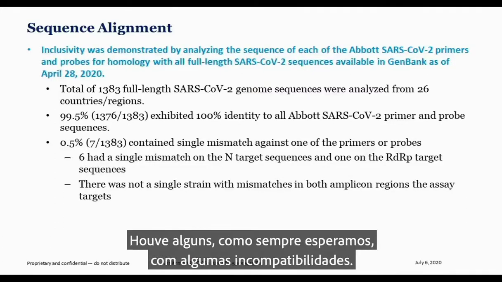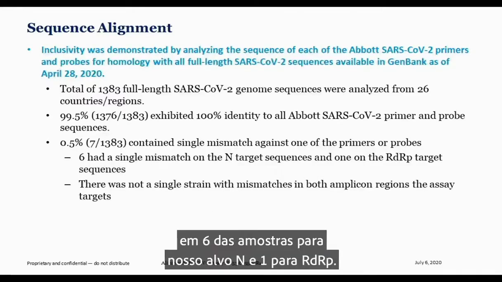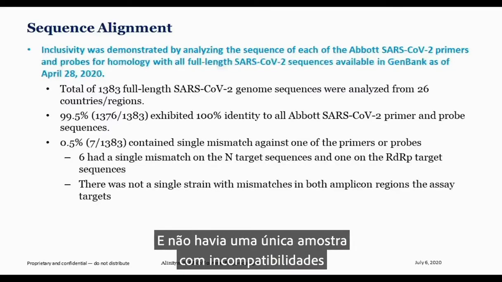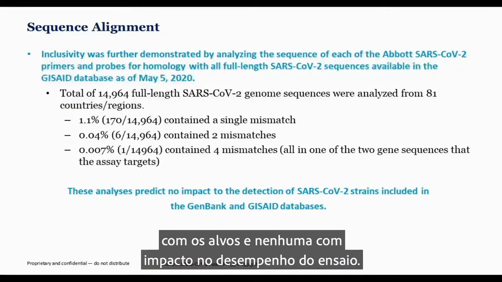There were a few, as you would always expect, that had some mismatches. There was a single mismatch in 6 of the samples to our N target and 1 to RdRp. There was no single sample that had mismatches to both targets, and none that would have any impact on the assay performance.